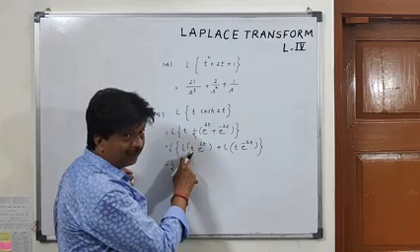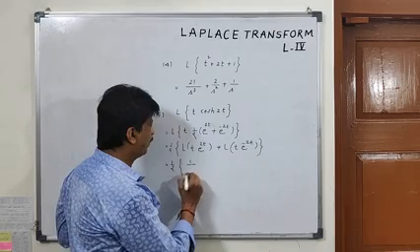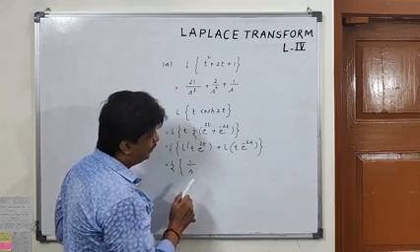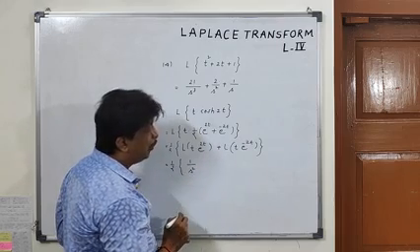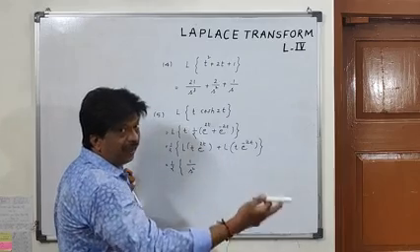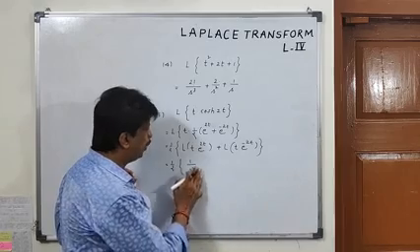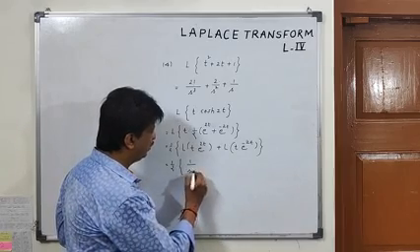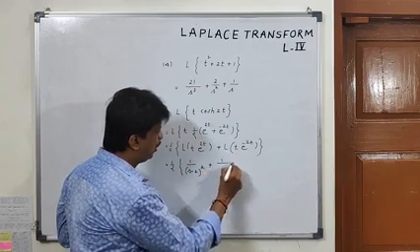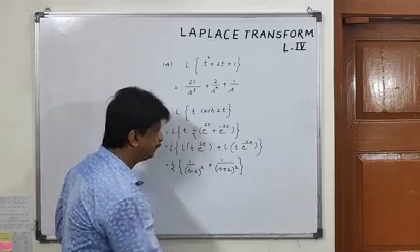Laplace transform of t is 1 upon s square. So the Laplace transform of t into e raised to power 2t will be f of s minus 2, so 1 upon s square is replaced by 1 upon s minus 2 whole square, plus similarly 1 upon s plus 2 whole square.